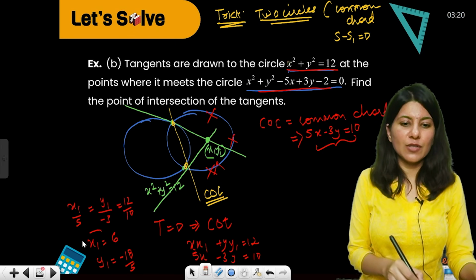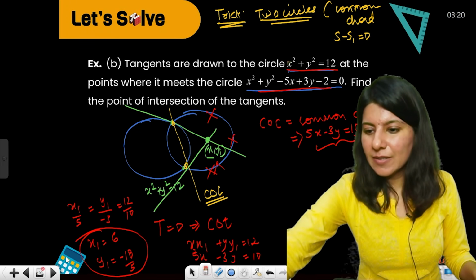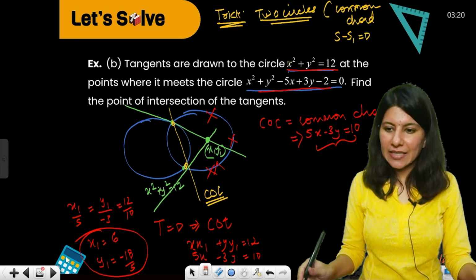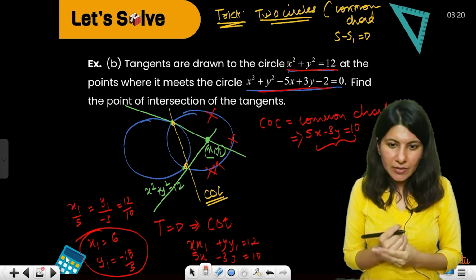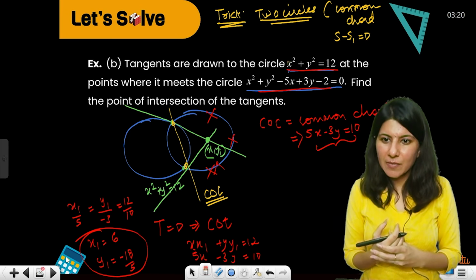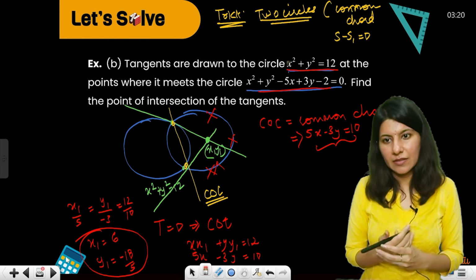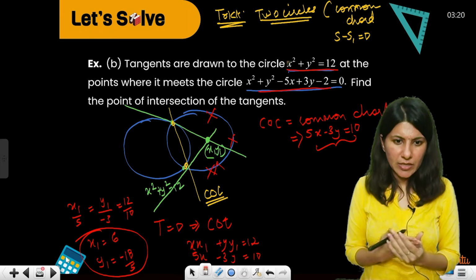This is your y1, again the point of intersection of the tangents. So 6 comma minus 18 by 5 is the answer. Hold on. 5x minus 3y, correct, and 12 minus 2 is 10.